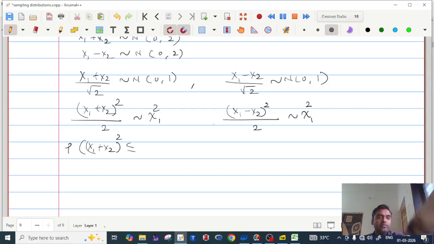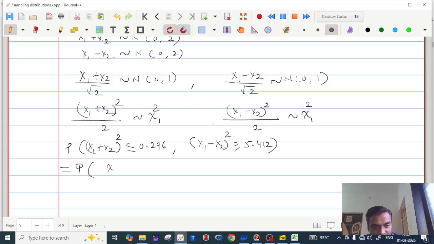Now consider the probability of (X1 plus X2) square less than or equal to 0.296, comma, (X1 minus X2) square greater than or equal to 5.412. This is chi-square 1, so divide this by 2.